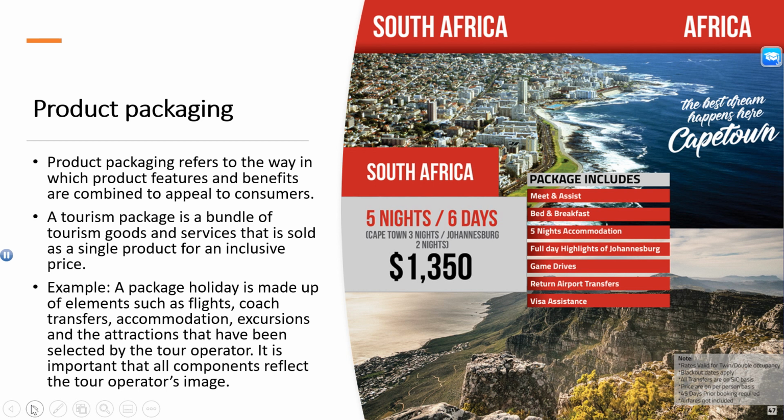And the tour operator must select the attractions and all of the other components that of course reflect the image of their company. Just take a look at the right-hand side of your screen. There is a package that is a product that is packaged very nicely. It gives you 5 nights and 6 days in South Africa. It gives you information about what is included in the package in the middle of the screen.